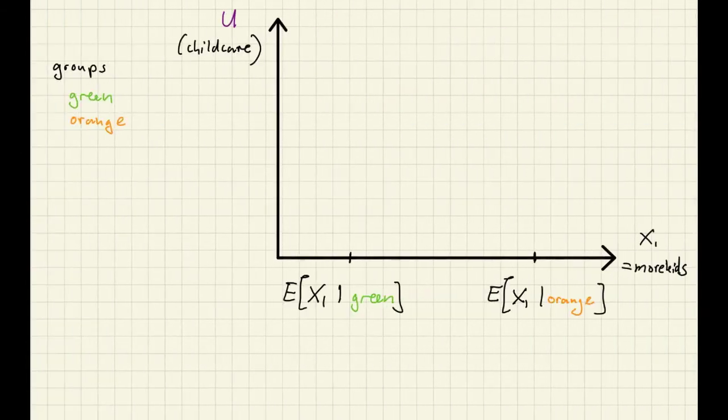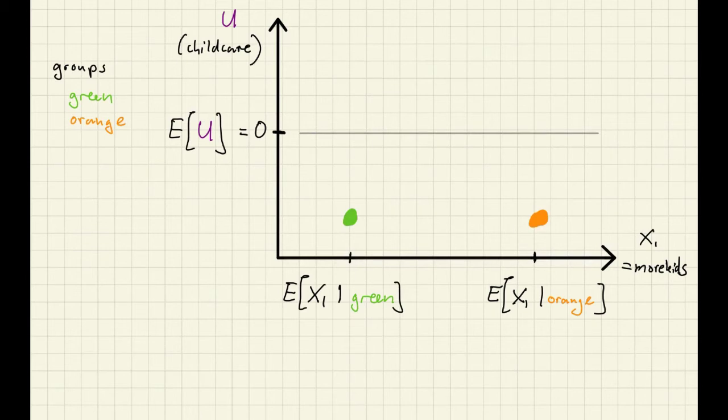So we can estimate where the two groups are in x1 space. The green group will be here, the orange group will be here, but we don't know where these two groups are in terms of u. On average, u is equal to 0.